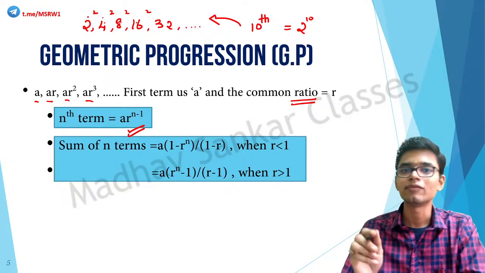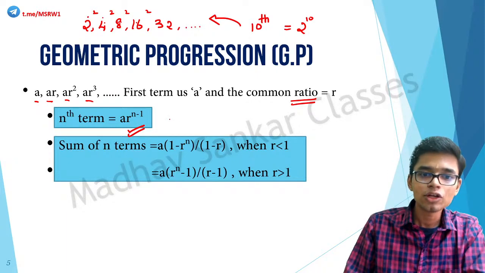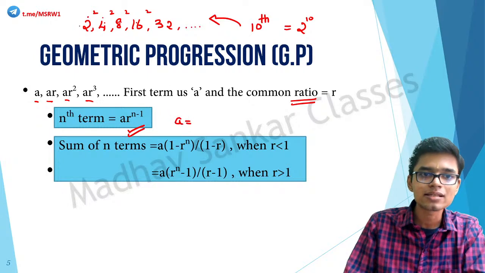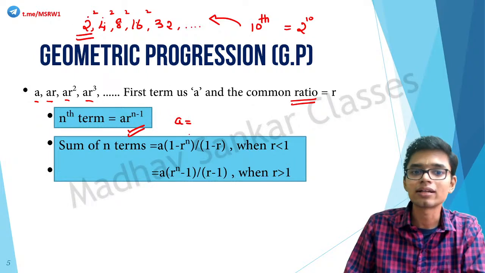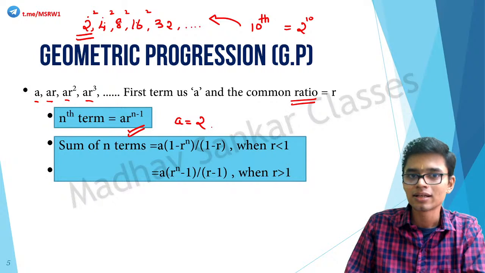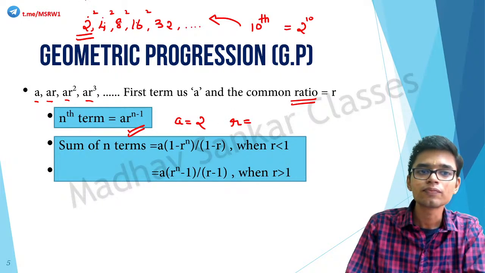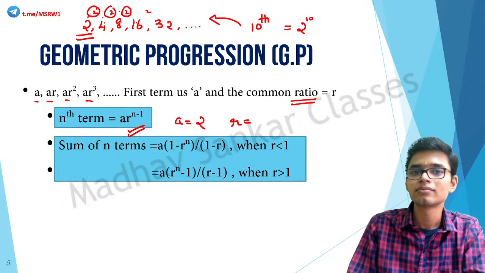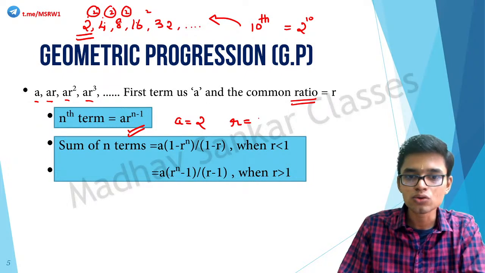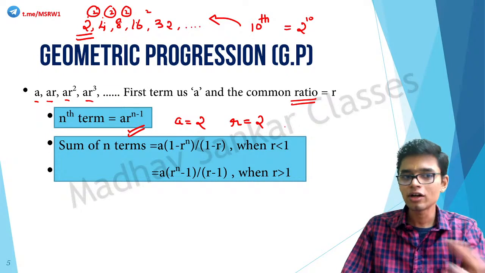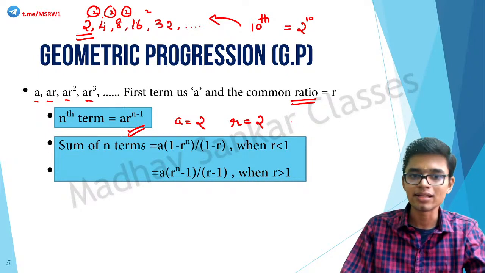Applying this formula, how can we find that? The value of A in this series is 2, the first term. And what is the common ratio? The common ratio is also 2. So A is 2 and R is 2. If we want to find the 10th term, then n is equal to 10.